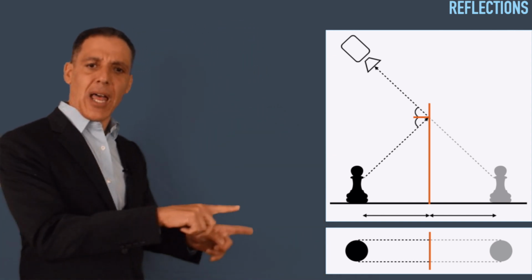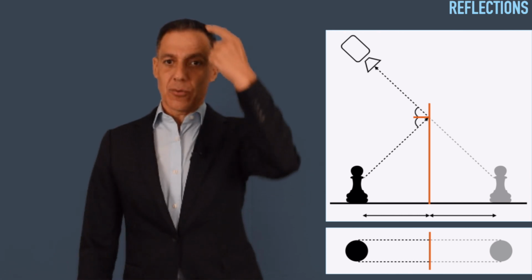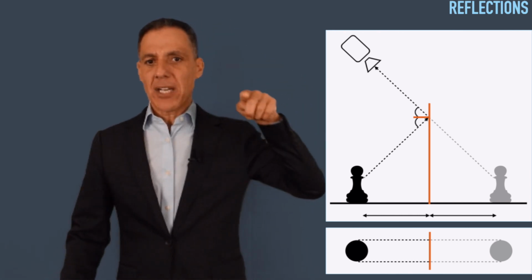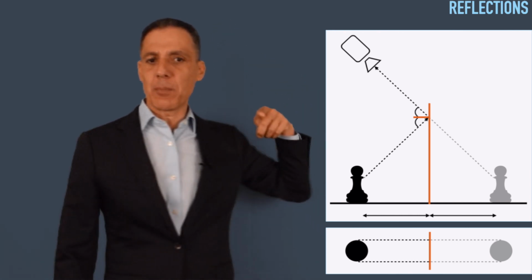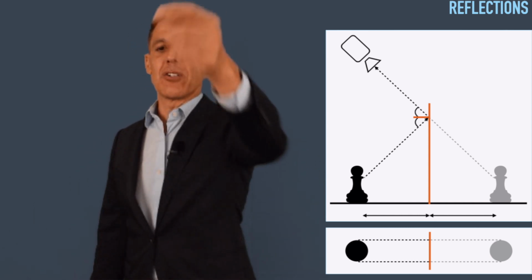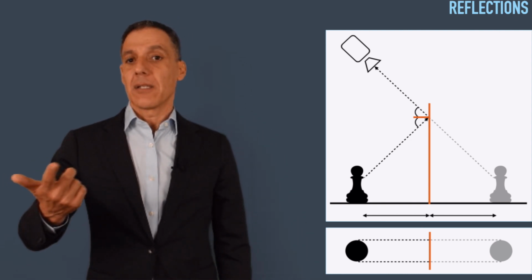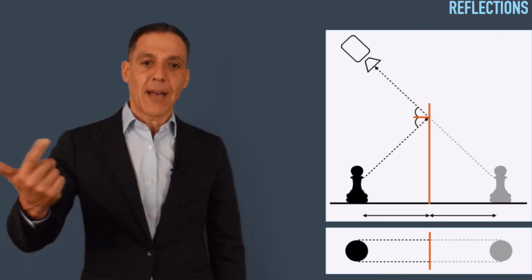Well, those are just straight lines. So if I look in a mirror, and I want to know where my eye is, where my head is, where my hand is, I just draw a straight line, right? Just perpendicular to the mirrored surface and draw it equidistant into the mirror, although it's going to turn out that doesn't matter quite as much, and I figure out where my mirror image is on the other side.